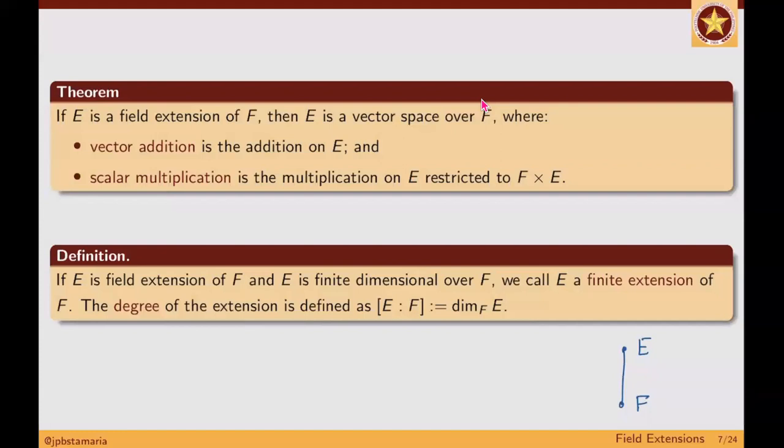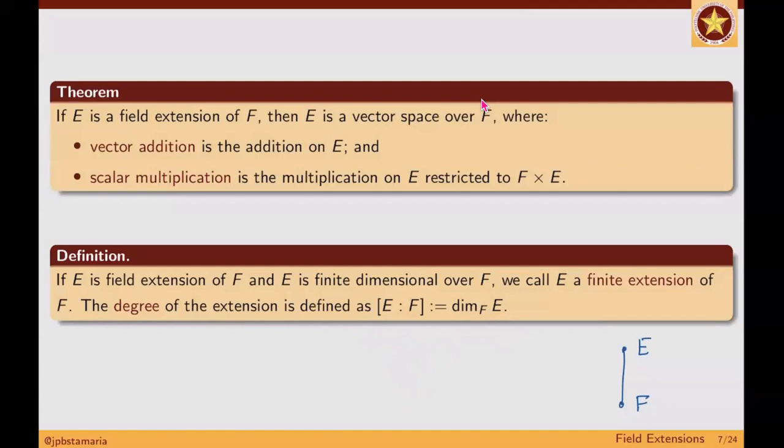Ito siya sa linear algebra. But in abstract algebra, we shall use this notation instead. Sa linear algebra, ganito sinusulat, pero in abstract algebra, the dimension will be denoted by this bracket notation, kasi you will see that this will be useful later. Ang tawag nyo dyan sa dimension na yan, you call it the degree of the extension.